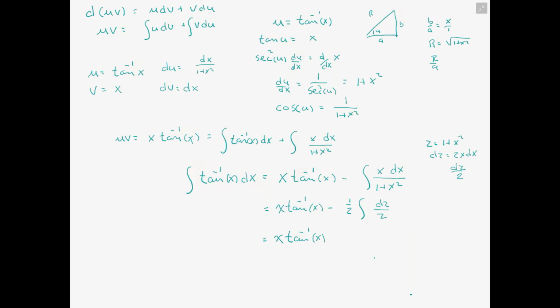So arctan x minus 1/2 ln z plus some constant, and then we have x arctan x minus, and we put the correct argument in, 1/2 ln of 1 plus x squared plus c.